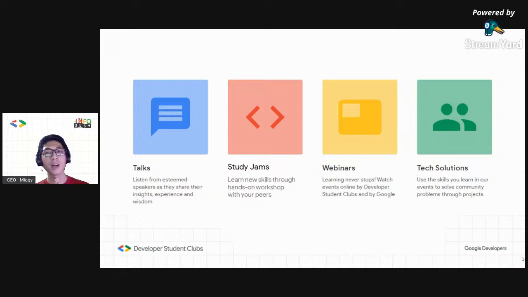And of course, the fourth one is creating tech solutions. Basically, as I have said earlier, the culmination of all the learnings, of all the study jams, of all the talks, and all of the webinars that you have attended will culminate into what we call the tech solutions project.